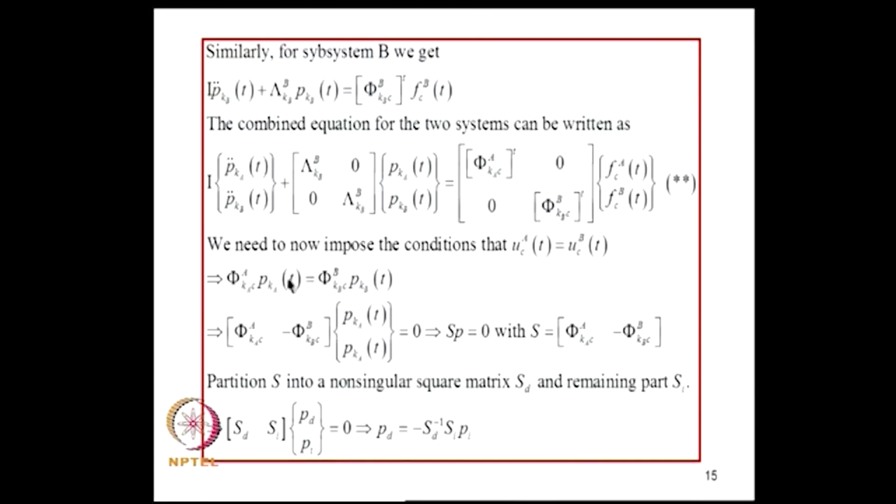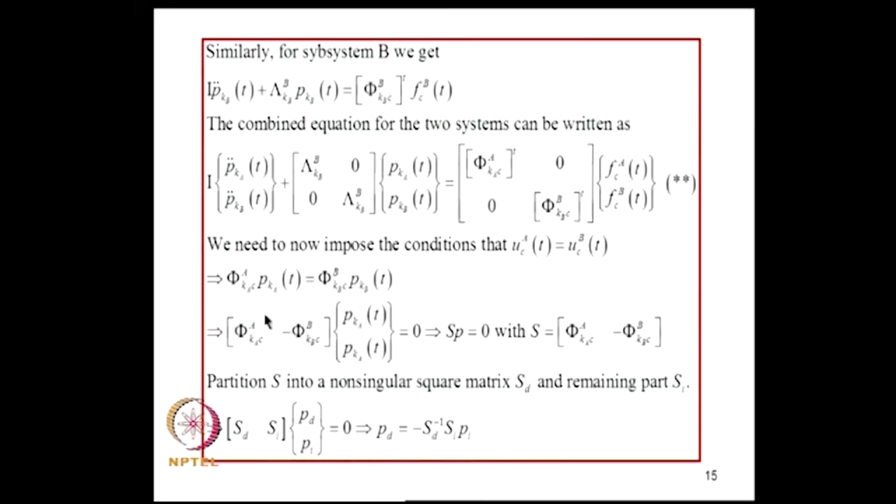Now, we need to now impose the conditions that UCA of t is UCB of t. So, how do I get that? That is not implicit here. So, this pKa and pKb contain information on coupling degrees of freedom. In some sense, this equation needs to be now constrained by this additional requirement. How do we do that?